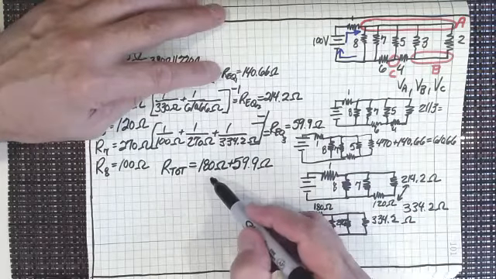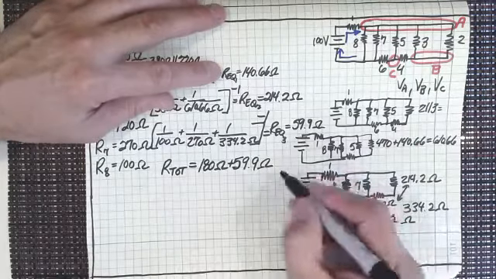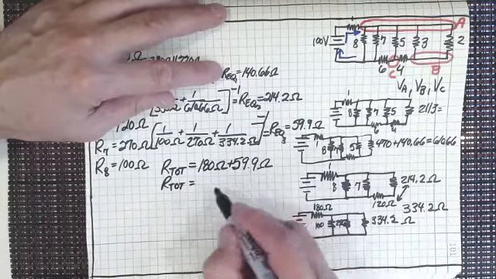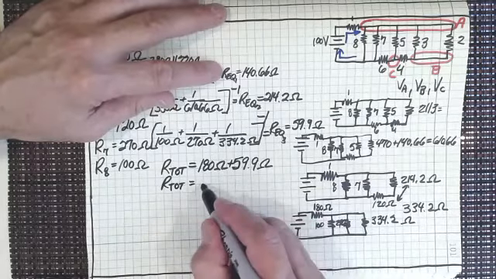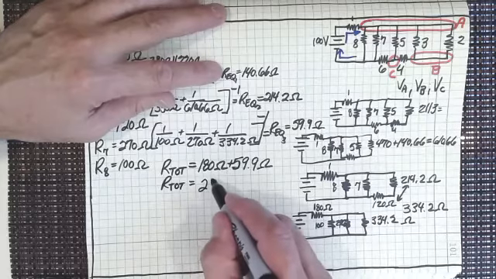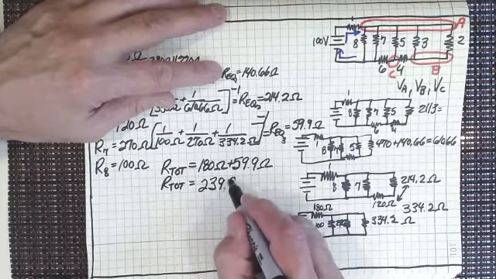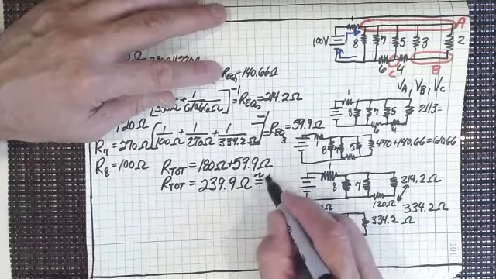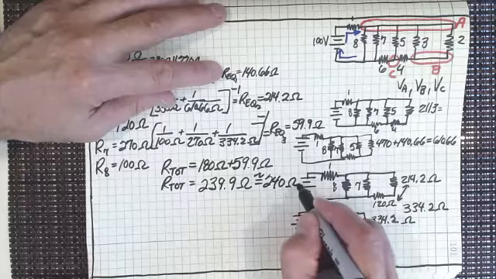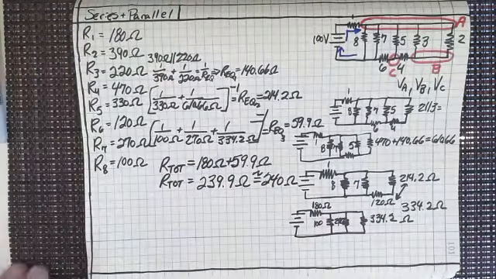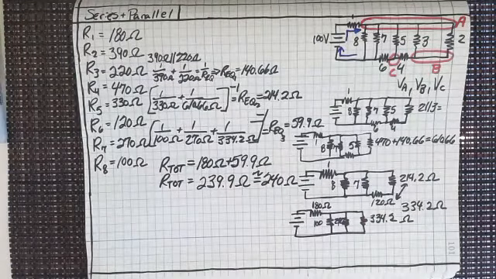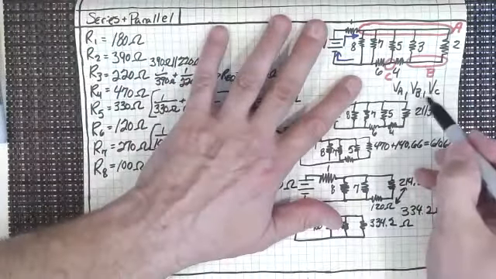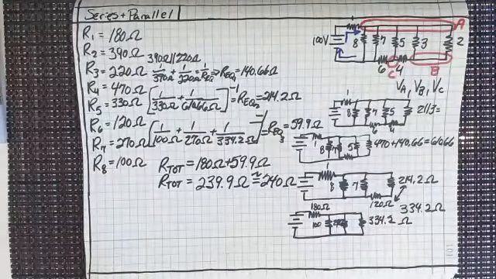We're assuming the 180 is exact, so our total equals 239.9 ohms, and I'm going to say that that's approximately equal to 240 ohms, and we can use that in the solution now of our problem, because what we're trying to find is V sub A, V sub B, V sub C, right?